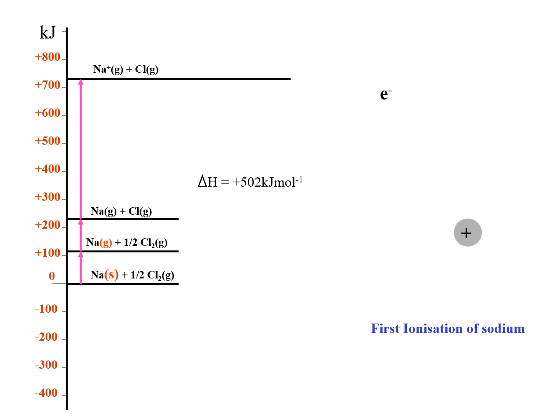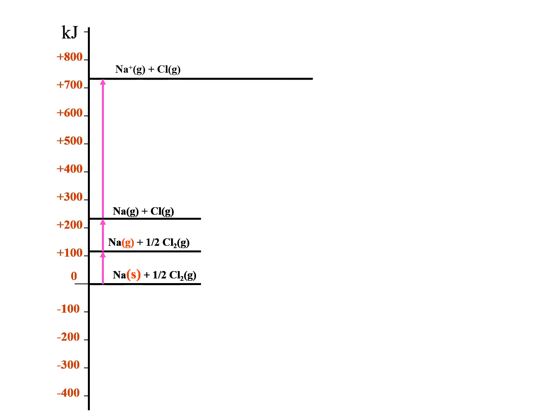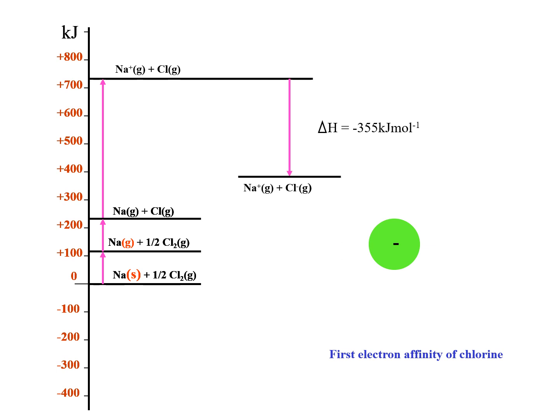We now need to add an electron to the chlorine. That's called the first electron affinity of the chlorine. So that takes your chlorine atom, adding an electron to form a chloride ion. That's exothermic, it releases energy. And we now have our gas phase ions.